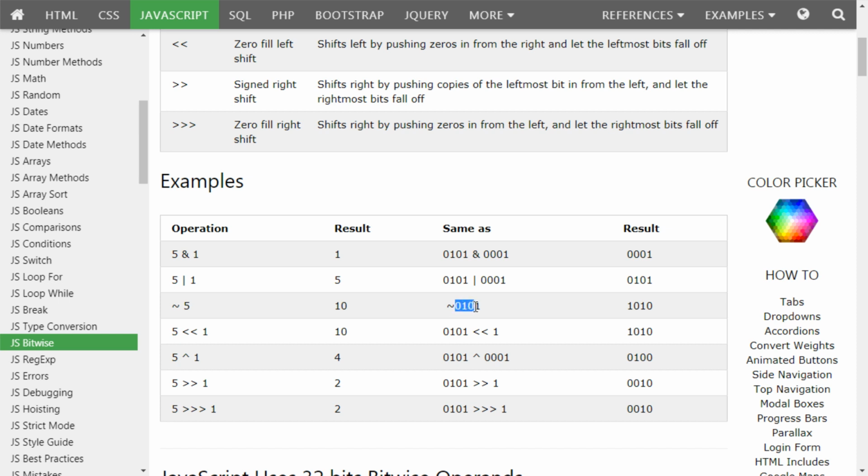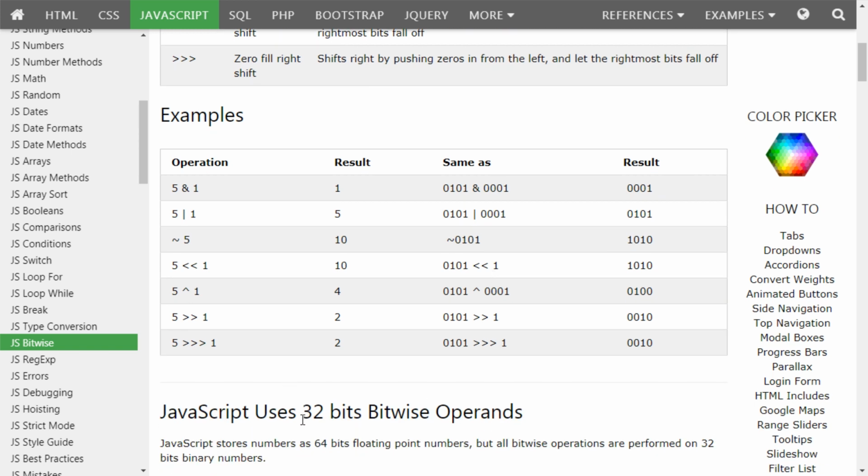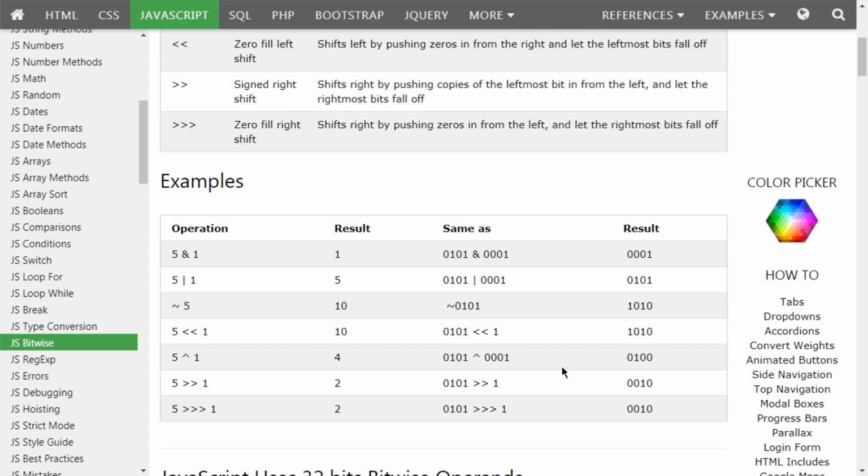We're saying they're 4 bits because there are 4 digits to them. We're going to find that in JavaScript we actually use 32-bit binary numbers. Sorry, I'm just trying to avoid using the word bit too much. Anyway, we use 32-bit numbers in JavaScript, so it's actually different from this. We'll look at the specifics in just a minute, but for now, to simplify it, we're going to look at these 4-bit examples.